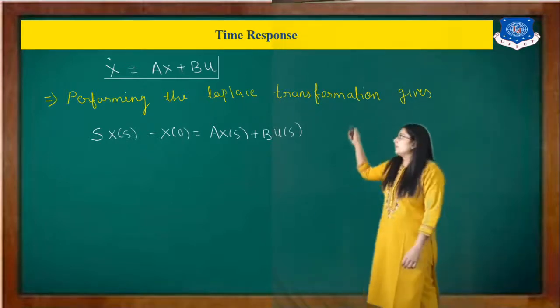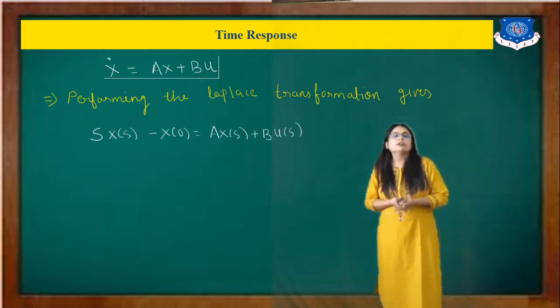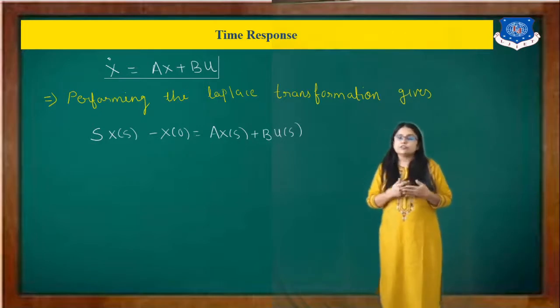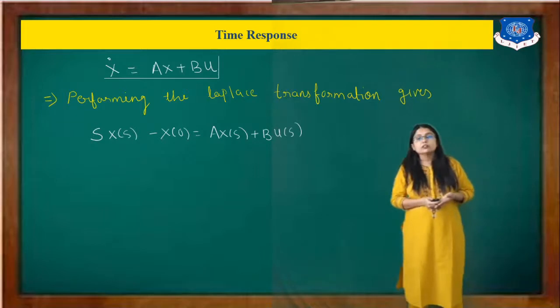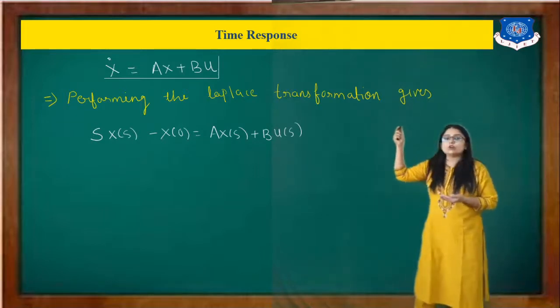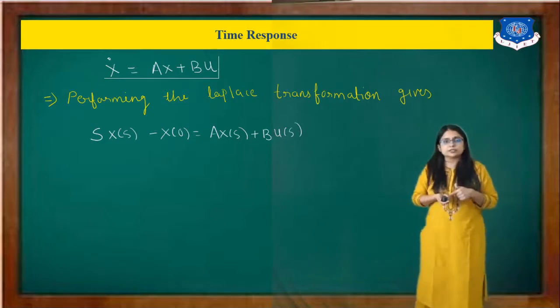It is difficult to find x(t) from this equation because we have a differentiation. If we want to cancel that differentiation, we have to take the integration. So the best solution is to take the Laplace and then the inverse Laplace.